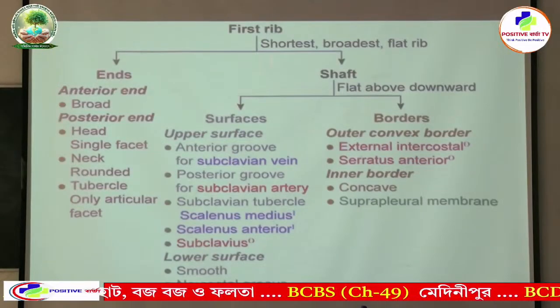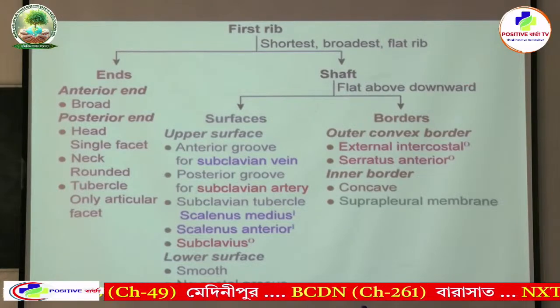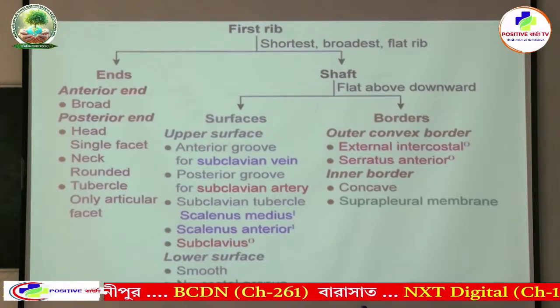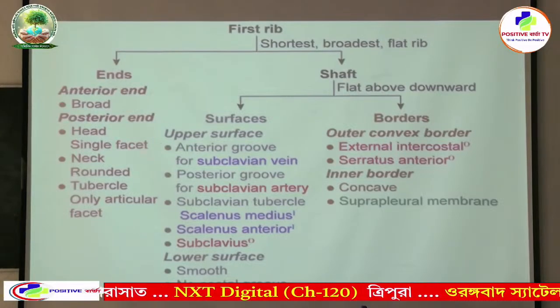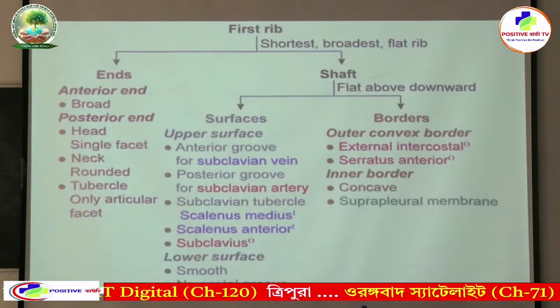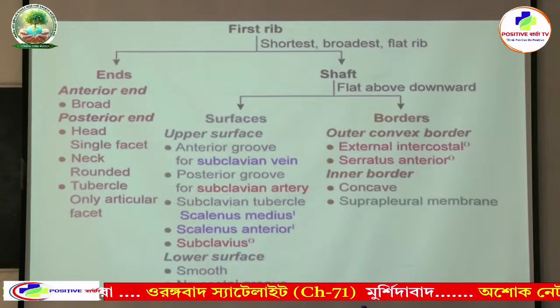To summarize the first rib, it is the shortest, broadest and flattest rib. Ends: the anterior end is broad, the posterior end contains the head, which has a single facet, the neck is rounded, and the tubercle has only an articular facet. Surfaces: upper and lower.